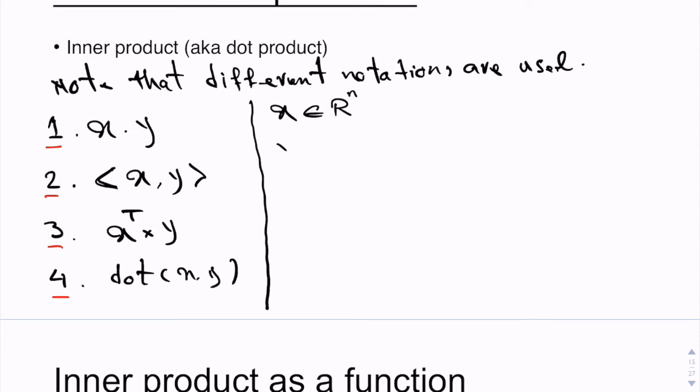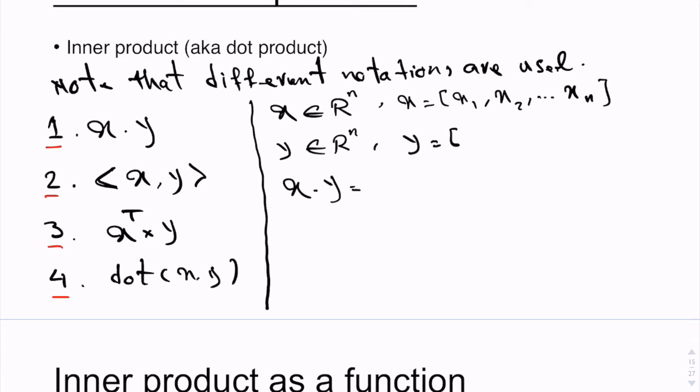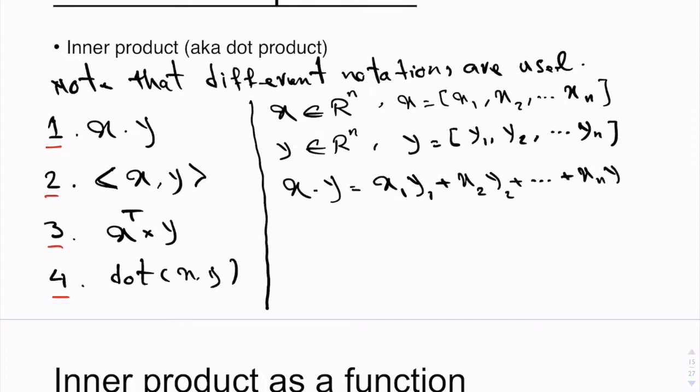And then if Y belongs to Rn as well, then we define X dot Y. If X is defined as X1, X2, all the way to Xn, and Y is defined as Y1, Y2, to Yn, then X dot Y is equal to X1 Y1 plus X2 Y2 plus all the way to Xn Yn, right?